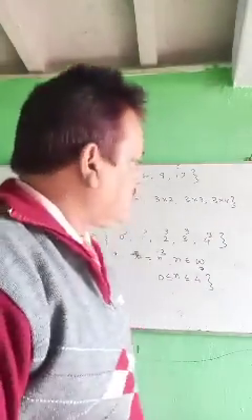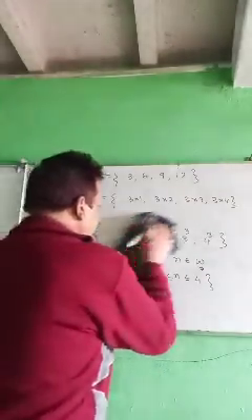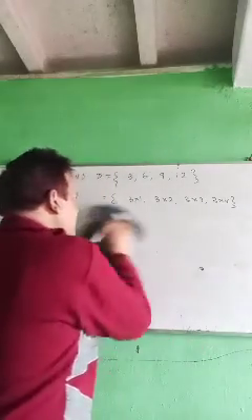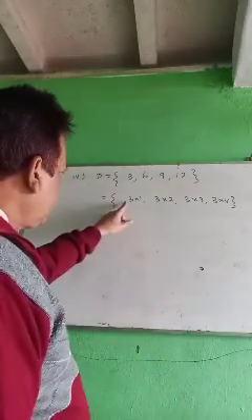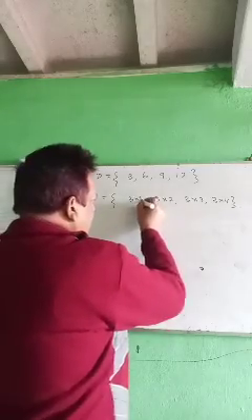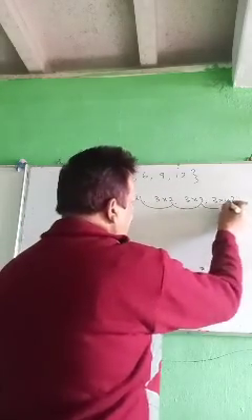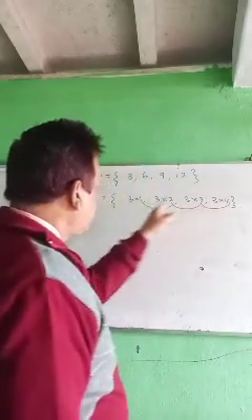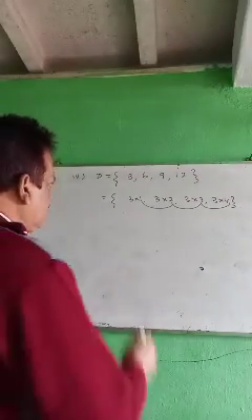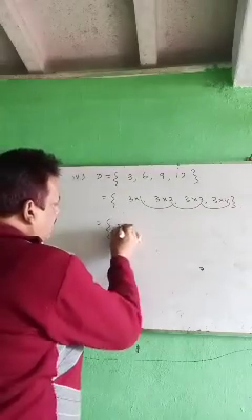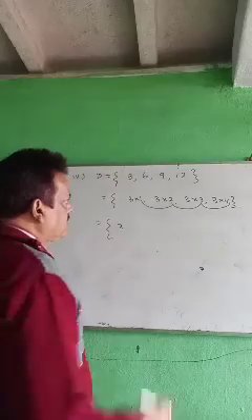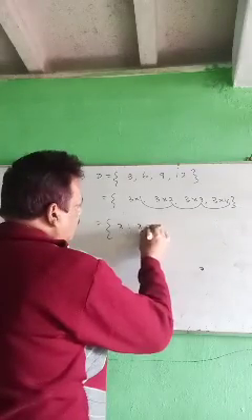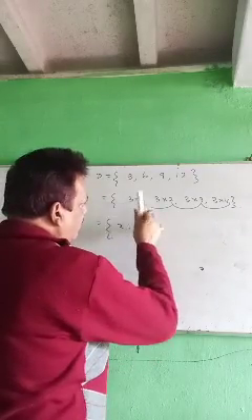Okay? Now, 3 into which numbers? Look at this: 1, 2, 3, 4. These are the natural numbers, multiples of 3. So you write set of all x such that x equals 3n form.